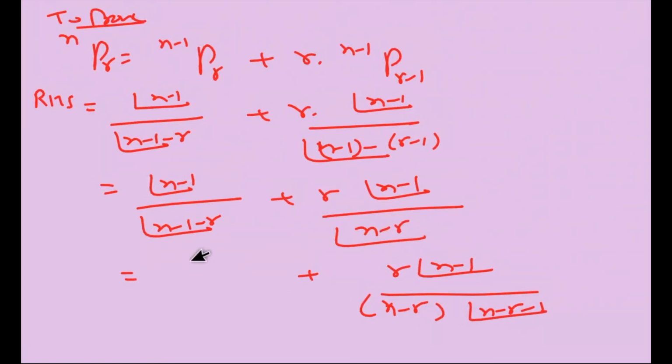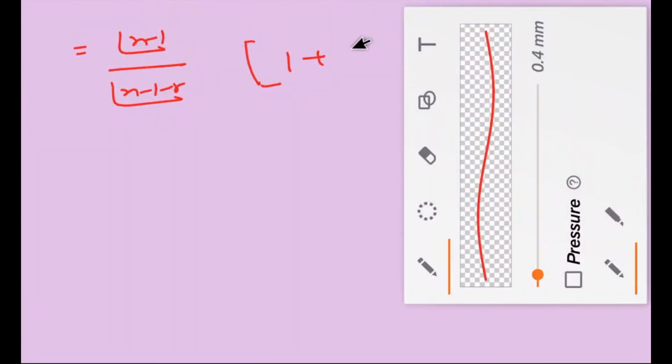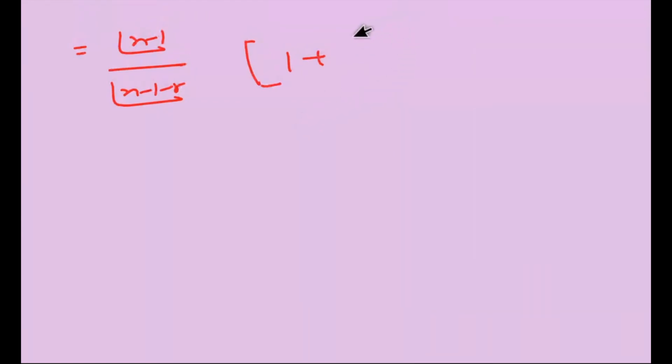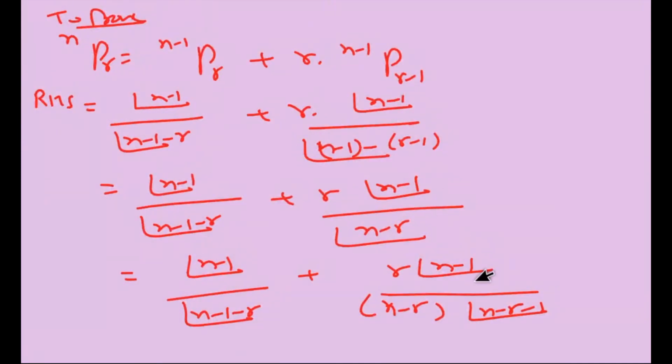Okay student, now we can take the common of these two terms. What is left? Factorial n minus 1 upon factorial n minus 1 minus r is common, and what is left is 1 plus r upon n minus r.